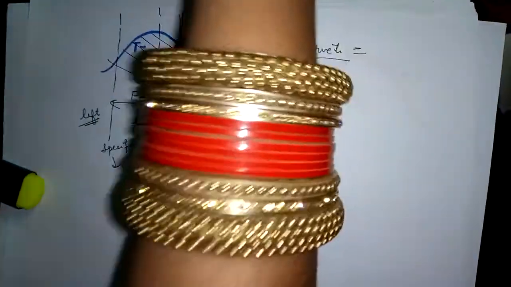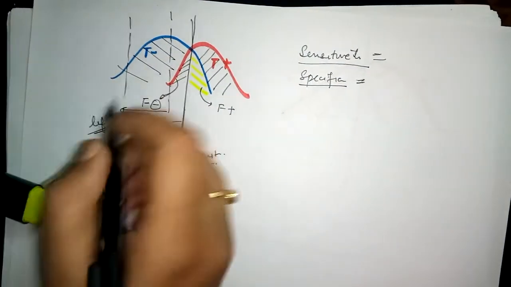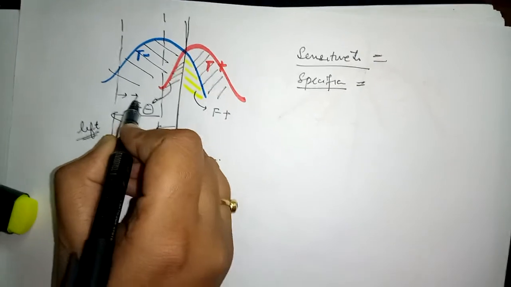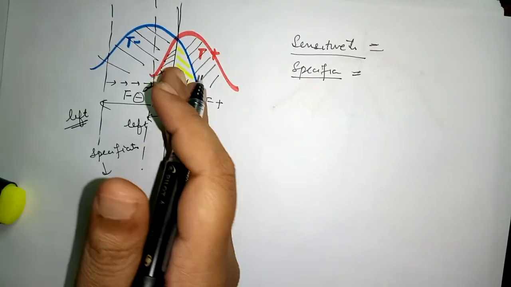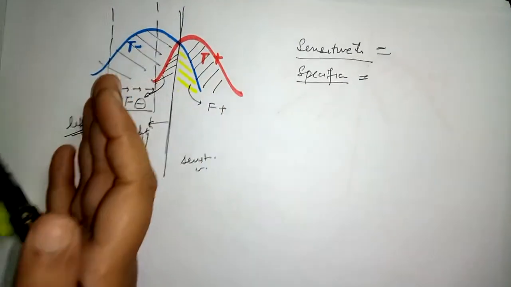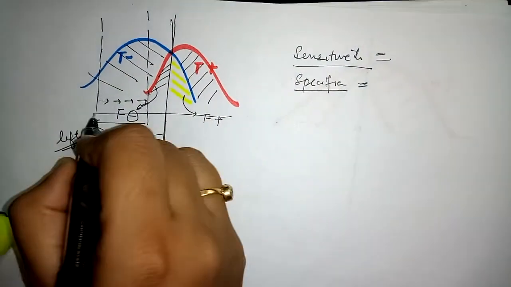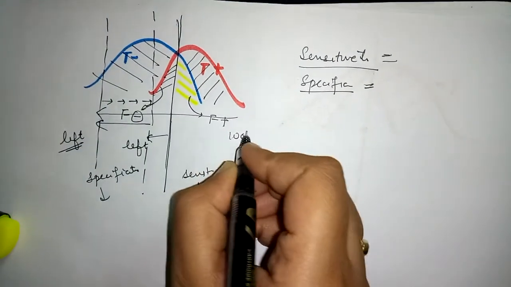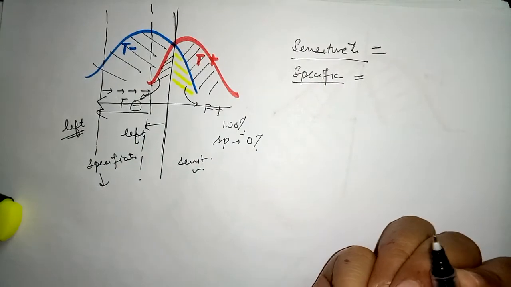Anybody who crosses the door, anybody who crosses this side and we test, comes positive, because the cutoff value is too low, and any normal person will also show the test as positive. So if we increase sensitivity so much, the specificity definitely drops down. If the sensitivity in this case is 100%, then specificity you can make out is 0%, right?